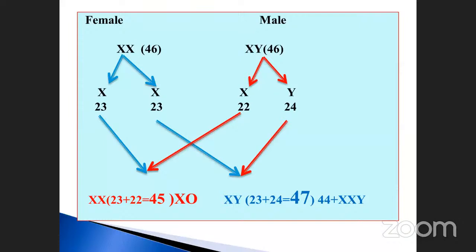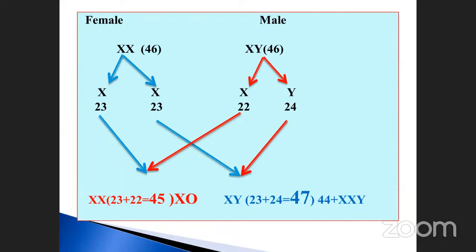What about XY? 46. Sometimes it may divide unexpectedly, 22 and 24. So the male gamete and the female gamete X fused together, you will get 22 plus 23, 45. So X0 is also possible.